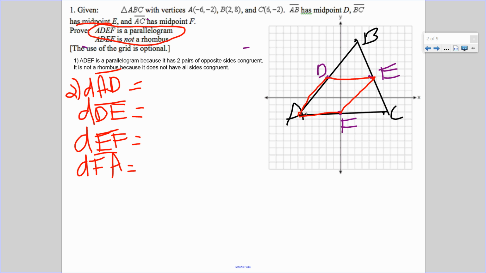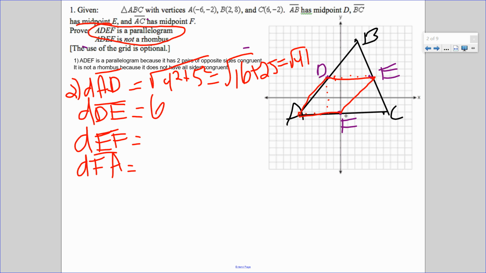AD is 1, 2, 3, 4, 1, 2, 3, 4, 5. DE is a straight line, so I don't have to do distance, it's just 1, 2, 3, 4, 5, 6.